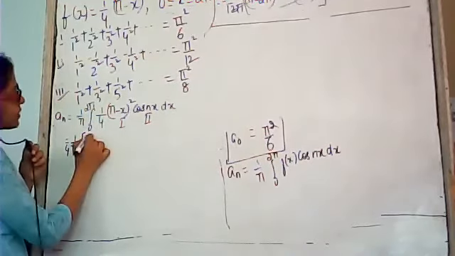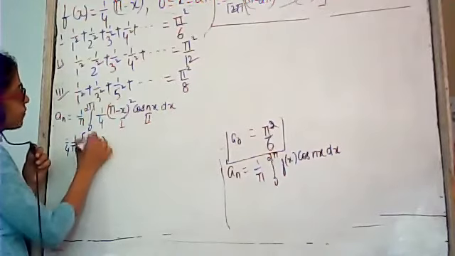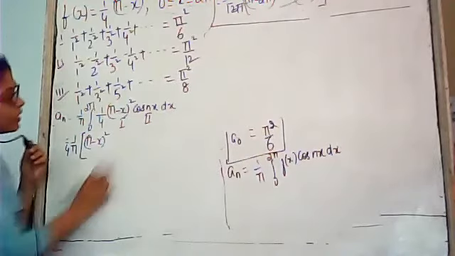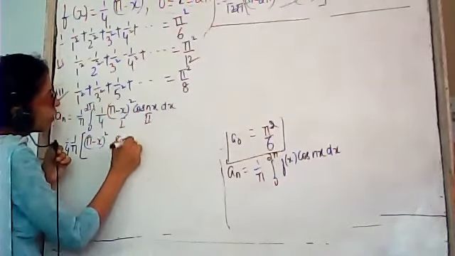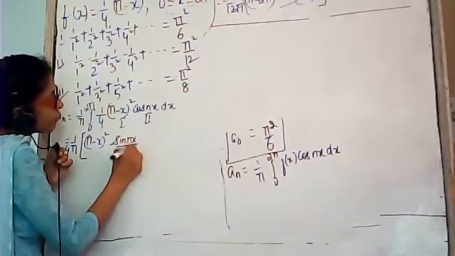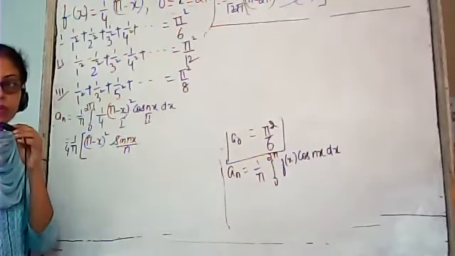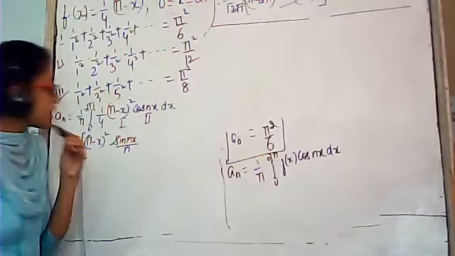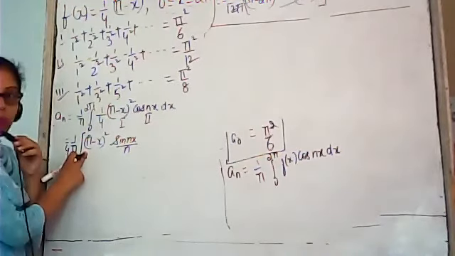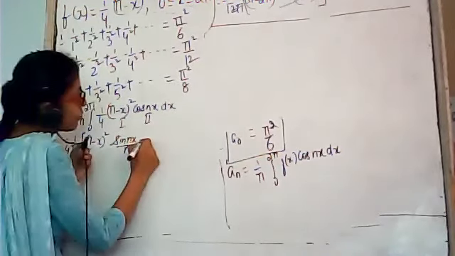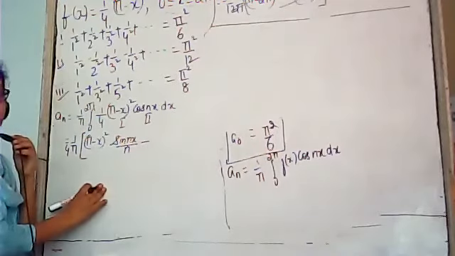First of all, the first function as it is, (pi minus x) the whole square. Integration of the second function: integration of cos nx will be equal to sin nx upon n. This term is with a positive sign. After that, you have to write a negative sign.